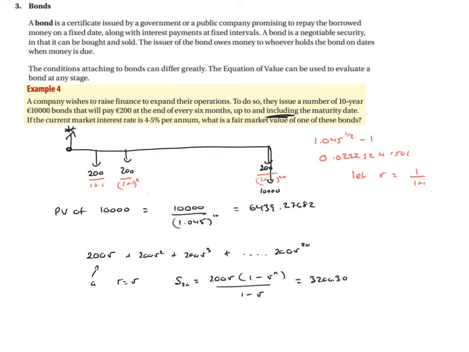Now we need to add this and this together to see what it's worth at this particular time. What would I give in order to get the 10,000 after 20 periods and this income stream of 200? So if we add them together, the value of the bond is equal to 6439.28 plus 3,230.